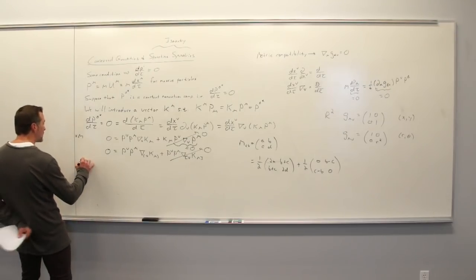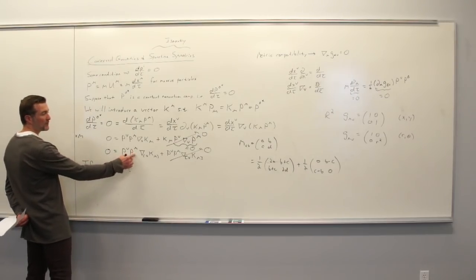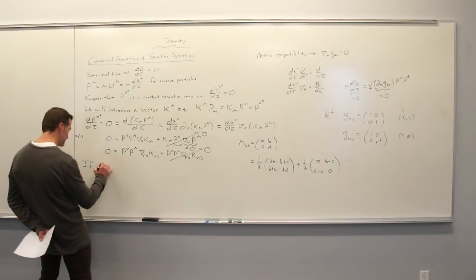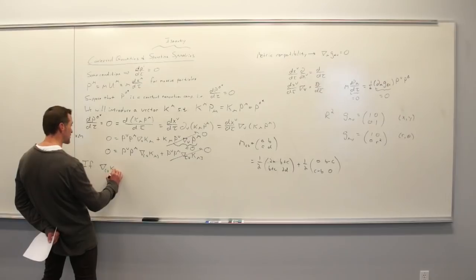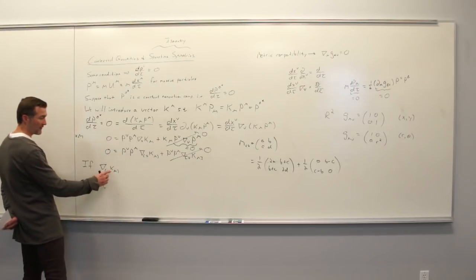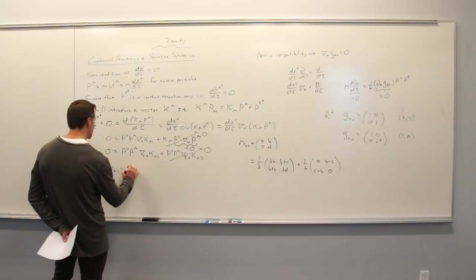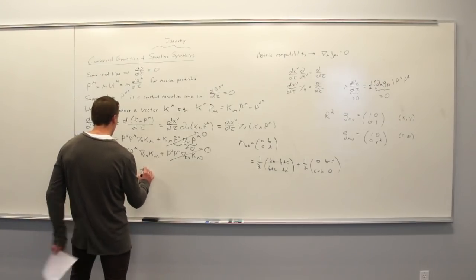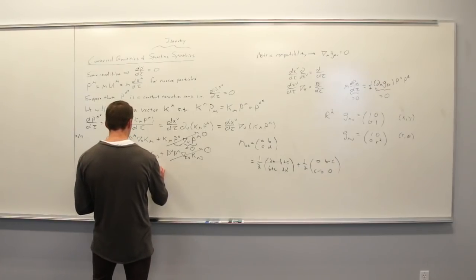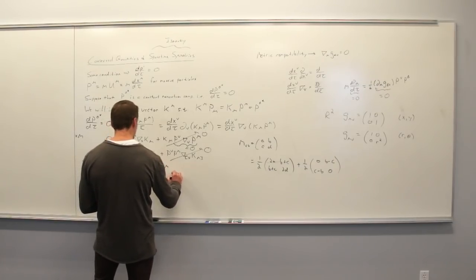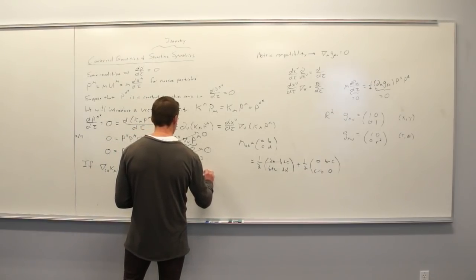So at the end of the day, we have the following conclusion. Again, p nu, p mu is not going to vanish. So we can say if the symmetric combination of the covariant derivative of the dual vector k lower mu equals 0, then k mu p mu is a conserved quantity or a constant quantity.